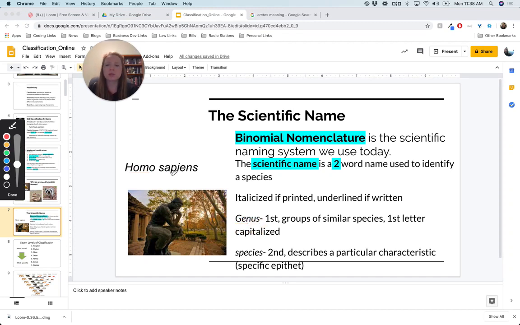Species are organisms that can mate and reproduce to make fertile offspring. Sapiens is going to be the second name, the species name or specific epithet. So that's going to be like a characteristic or something that is descriptive of this organism. So, for example, sapiens means wise, and humans are considered to be very intelligent creatures.